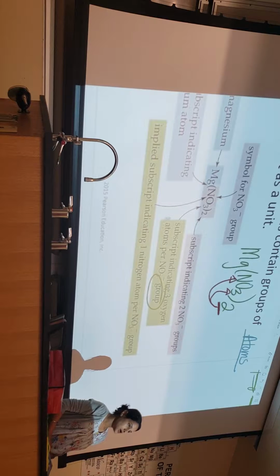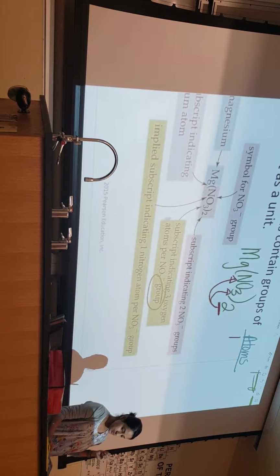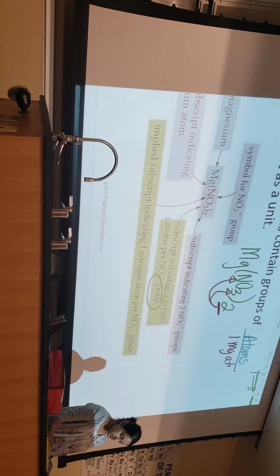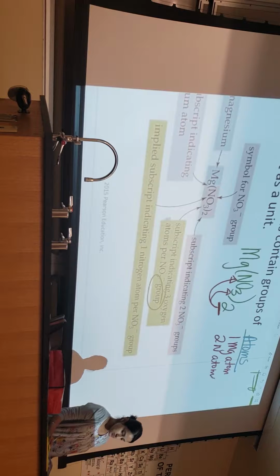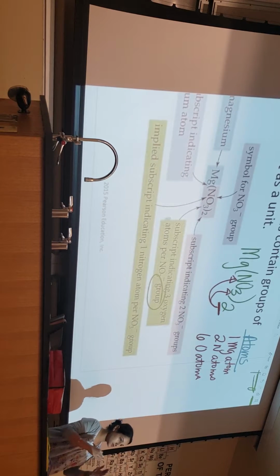You just have to remember that this 2 applies to everything inside of it. So, magnesium, you told me there's only 1 magnesium atom. How many nitrogen? 2 nitrogen atoms. And 6 oxygen atoms. Because you're carrying over that 2. It applies to everything in the parentheses.